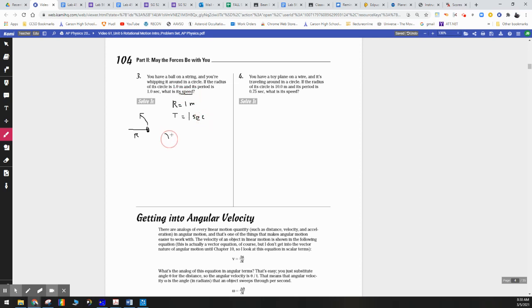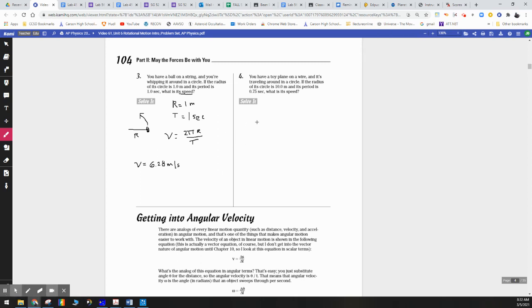Speed is 2 pi r divided by T. Plug all the values in, and v should equal about 6.28 meters per second. We'll hit pause and you guys try number 4.